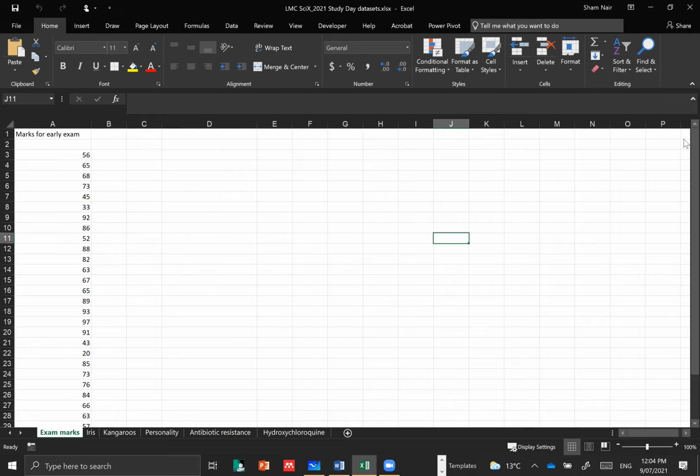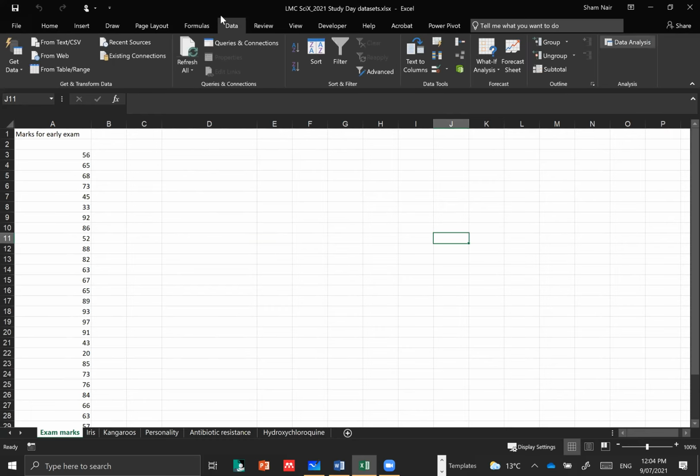I mentioned earlier that with Excel, you should have this data analysis tab. To access the data analysis tab, you would go into that data tab first, and then on the right, you have data analysis. This worksheet here shows the marks for a yearly exam.